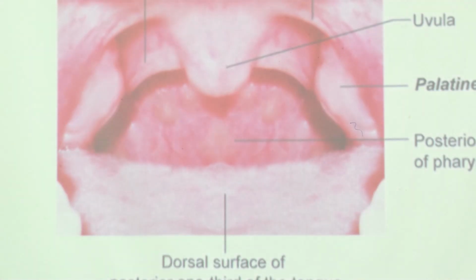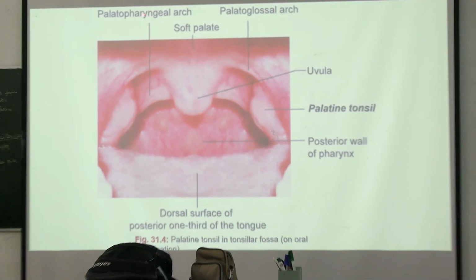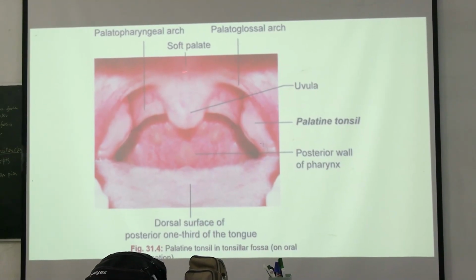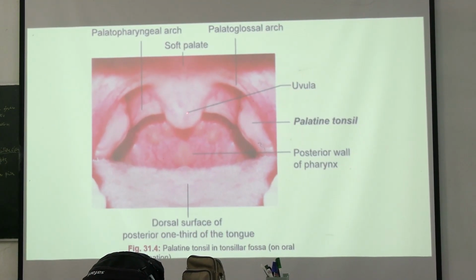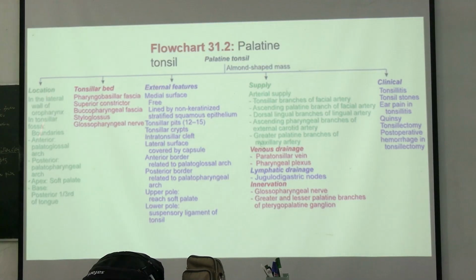Again, it's a repetition: palatopharyngeal arch, soft palate, palatoglossal arch, uvula, palatine tonsils, posterior wall of the pharynx, dorsal surface of the posterior 1/3 of the tongue. Now, external features.